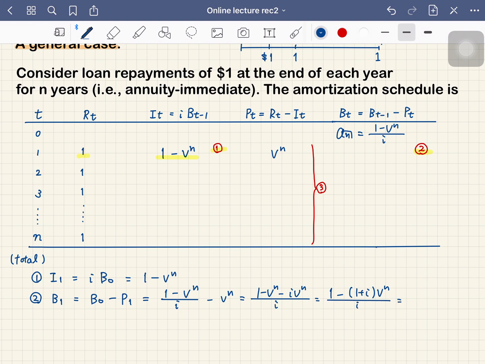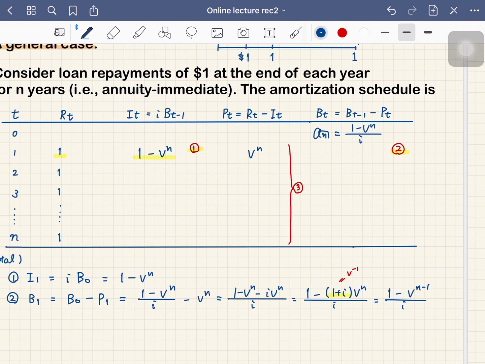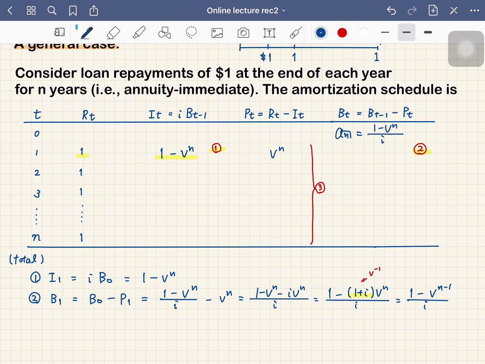That is equal to (1 minus v^(n-1)), because 1 plus i is equal to v inverse, then over i. So this is actually equal to a angle n minus 1.